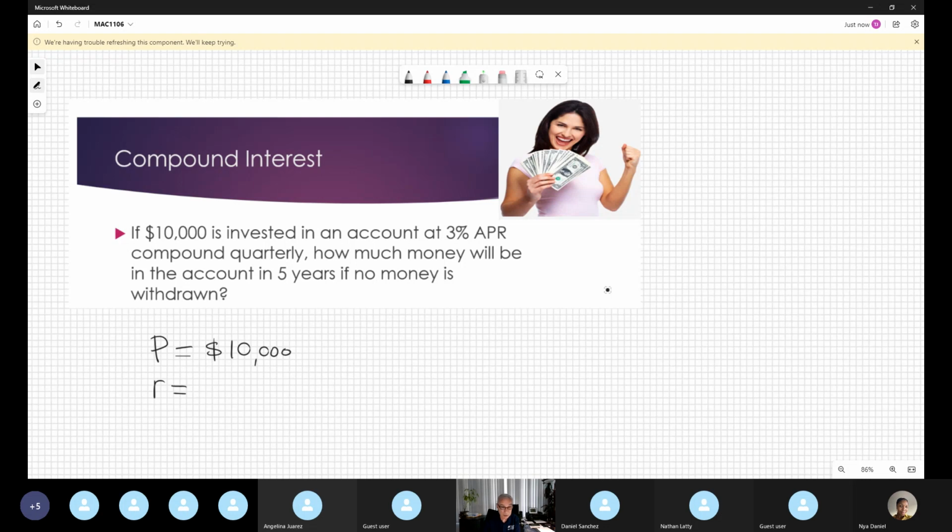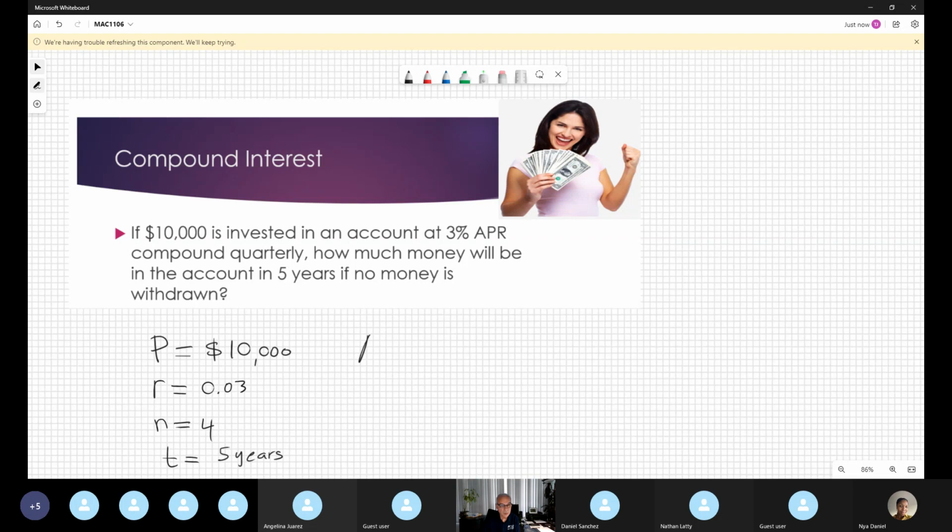You divide by 100, which is equivalent to 0.03, and it represents 3%. So in the formula, never you put 3. You put 0.03. What does quarterly mean? What is M? Compounding? 4. And what about T? What's the time? 5 years.